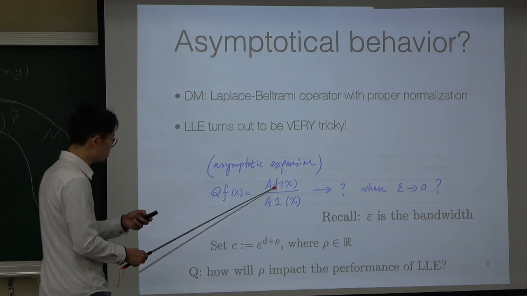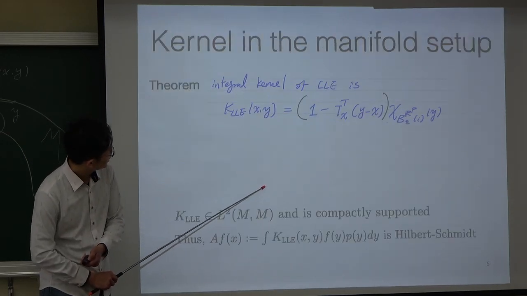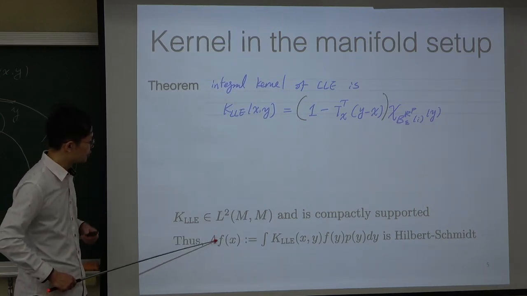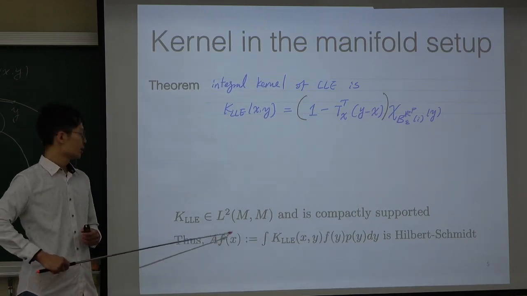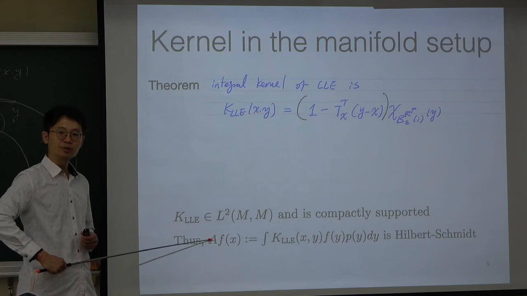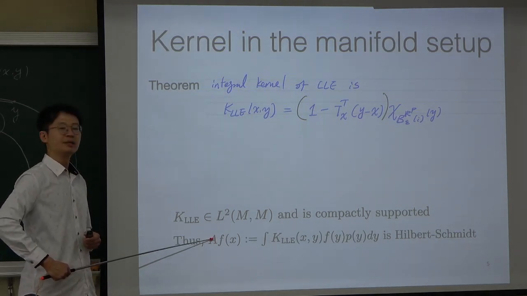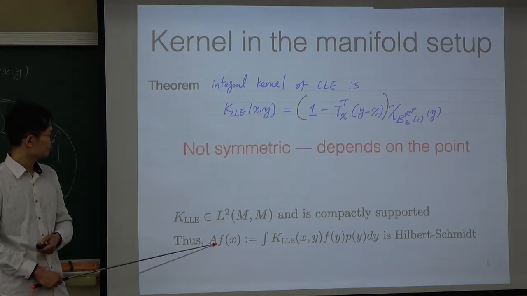And if you recall, what is the A operator? This is the A operator, which is an integral kernel, and this integral kernel is related to the barycentric coordinate. If you forget about it, please recall what we discussed in the first and second lectures.